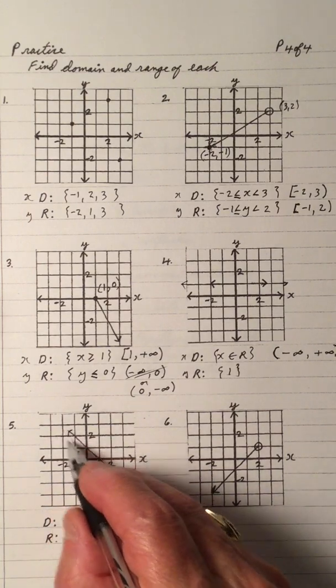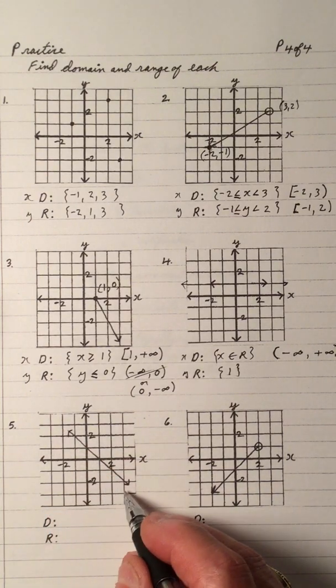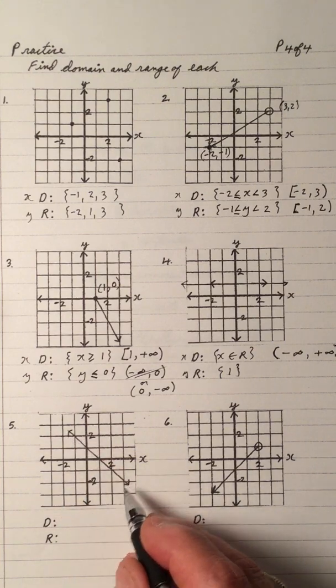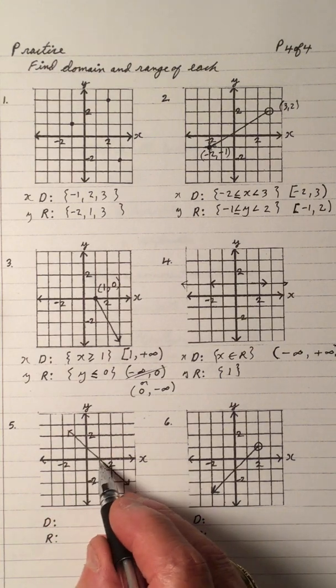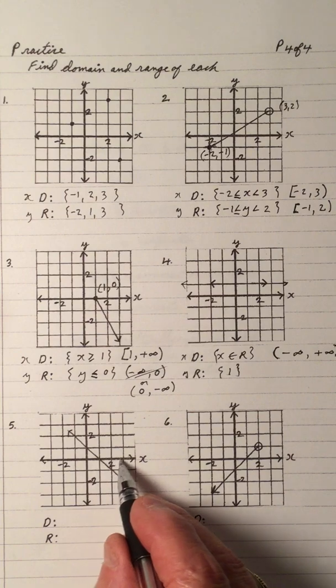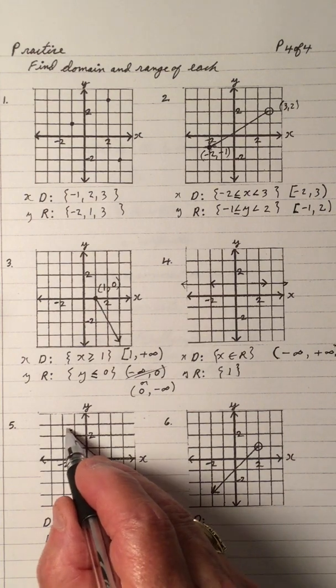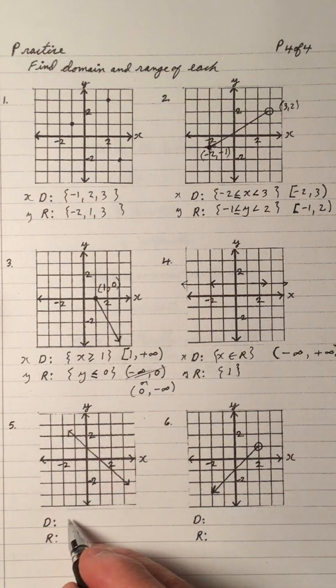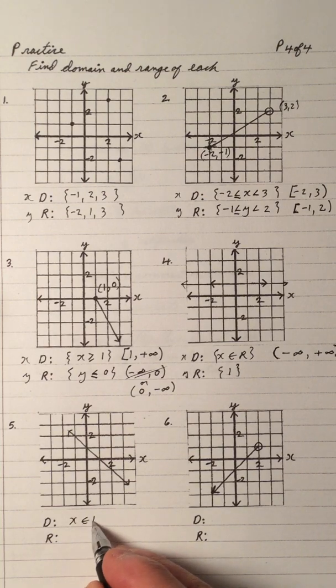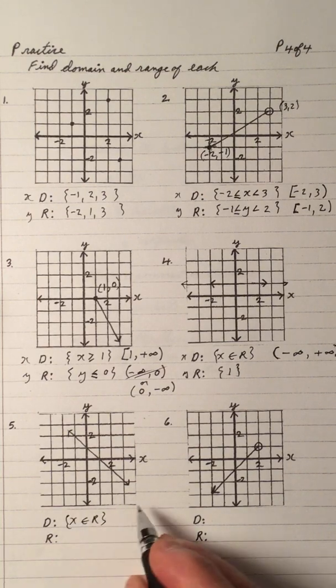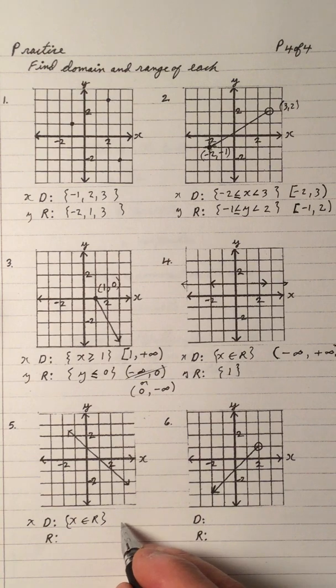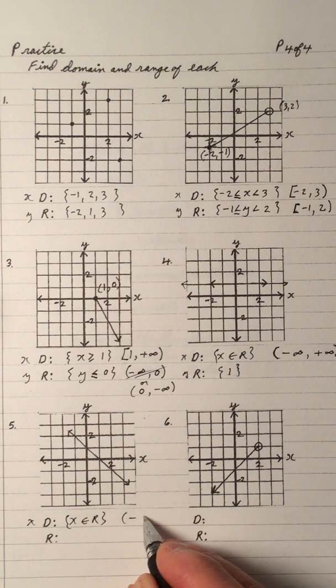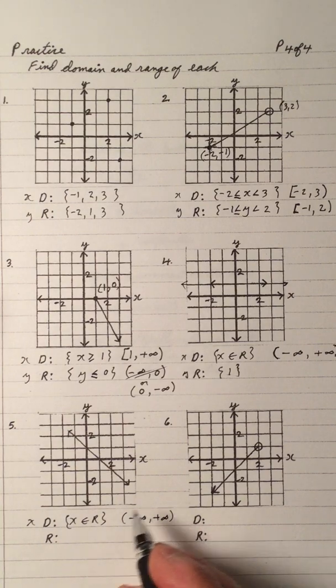Number 5, we have a line that's negative slope, but this line has all the x's. So as the line goes down, the x's are going this way. As the line goes up, the x's are going this way. So it's all the real numbers for the x's. Domain is x, and so that's negative infinity to positive infinity, all of them.